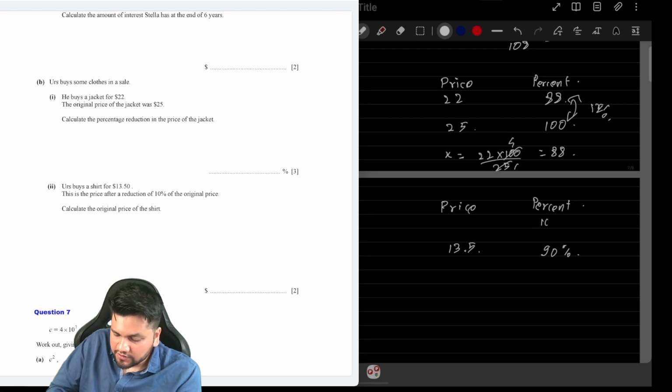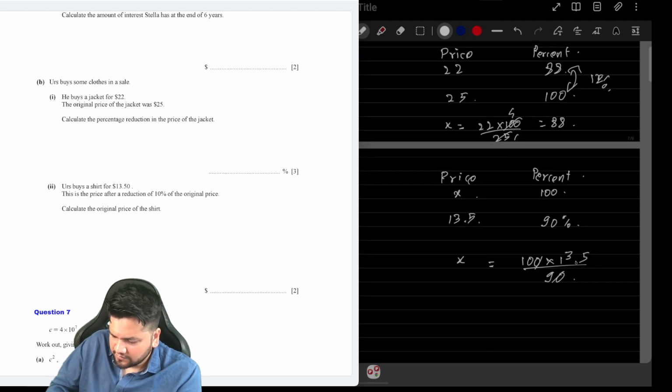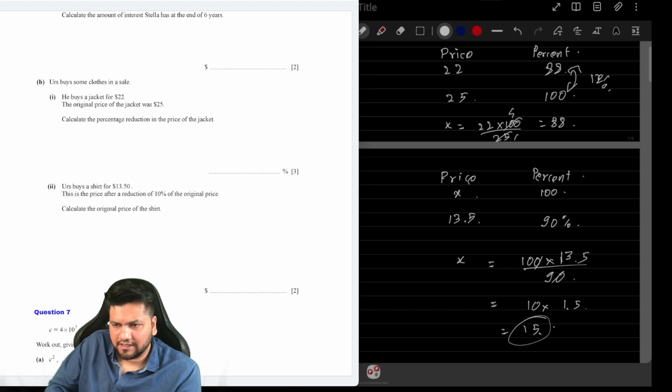So we need to find the original, which is 100, and that's going to be x. So x is going to be 100 times 13.5 by 90. 0, 0 cancel. This must be divisible by 9. So it's going to be 10 times 1.5, which is nothing but 15. So this was the original price, which is $15, and it kind of makes sense.